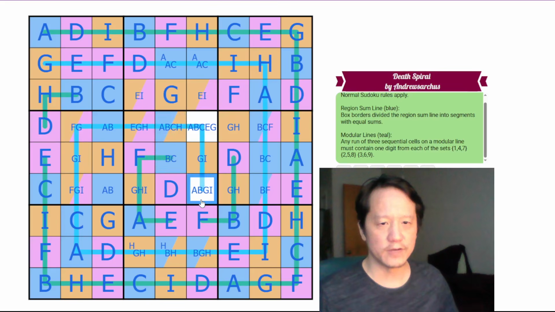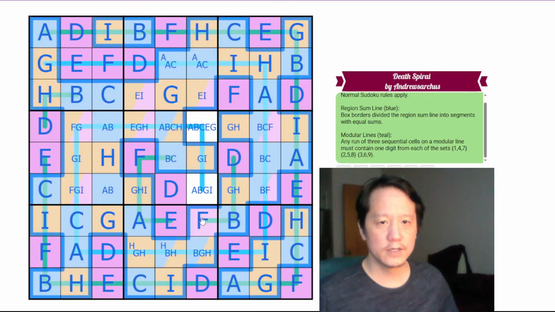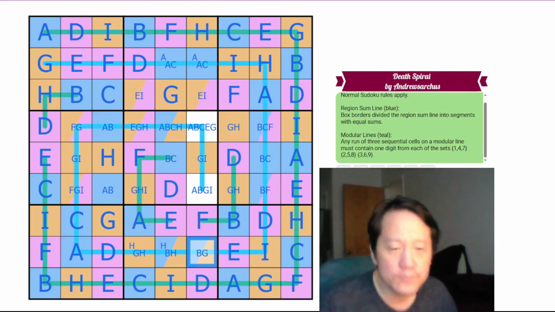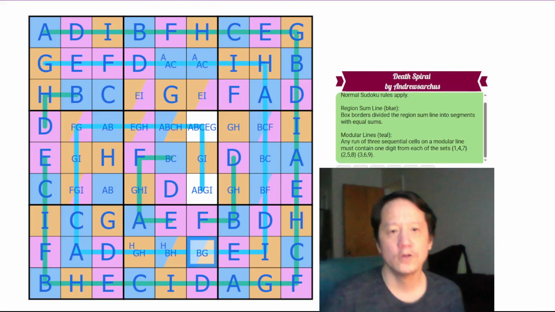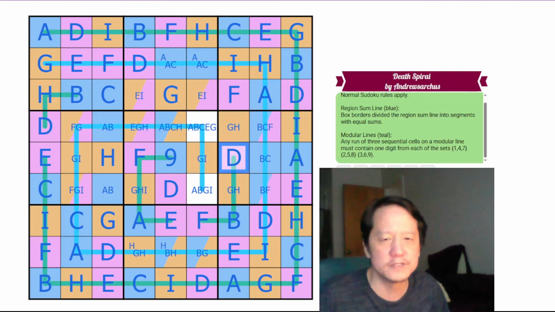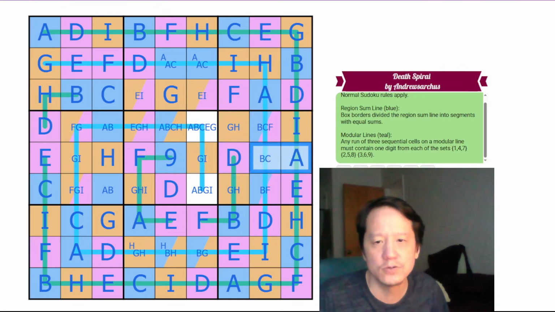What else do we have then? We have A, B, C, H, E, G, H, I, and a lot. This can't be H, right? So this has to be a 9 here. So this is 9 no matter what. This is then 3 and 6 here. So A is 3 or 6.